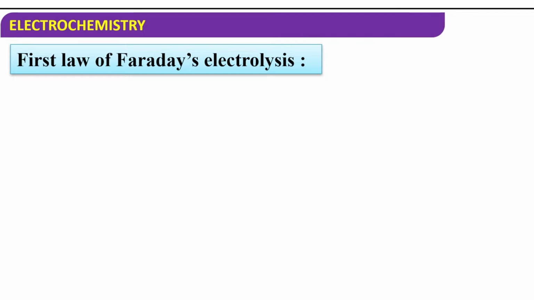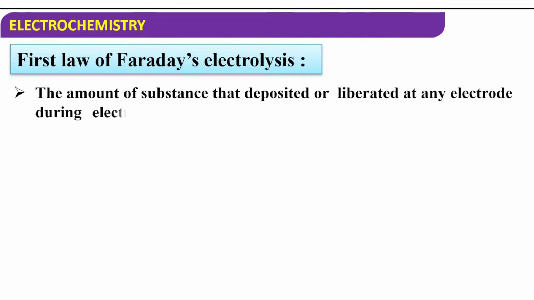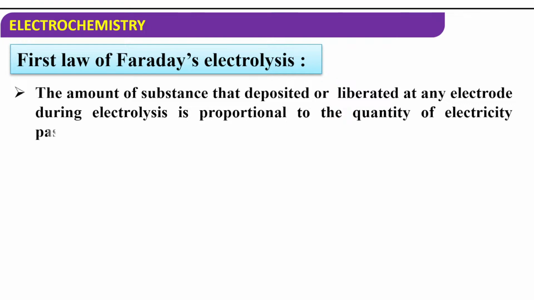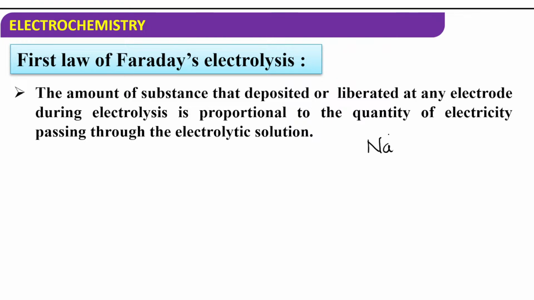So, according to Faraday's first law of electrolysis, let us say we have Na+. Now, Na+ gains 1 electron to get sodium, right?